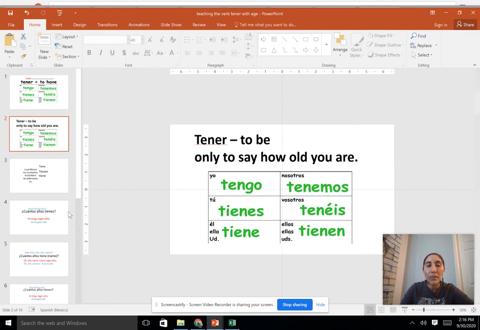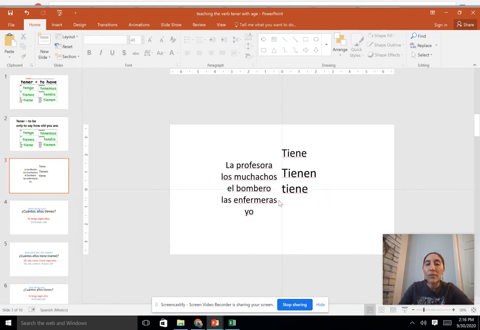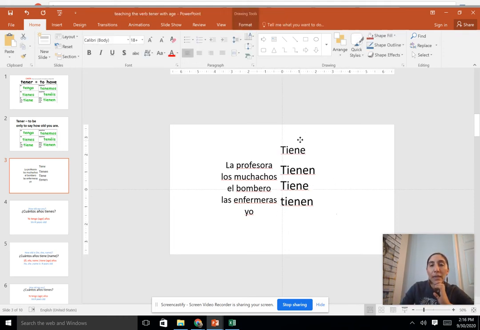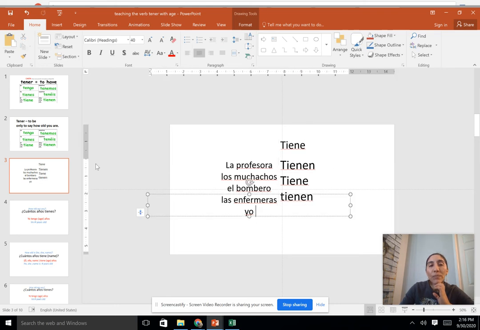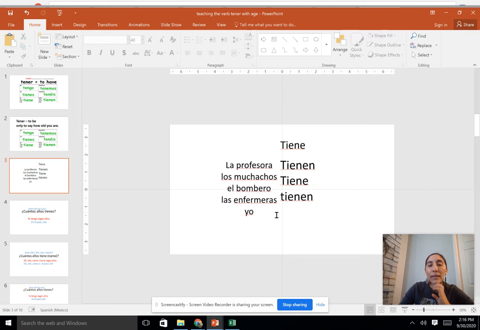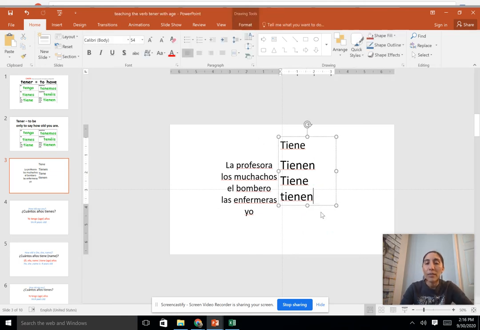Ellas. So that means we are going to use las enfermeras tienen. Now what if I am using yo? Well, simple. Yo tengo. That is the yo form to say I have.